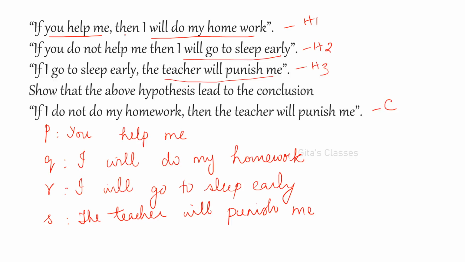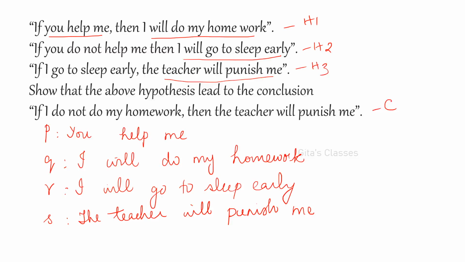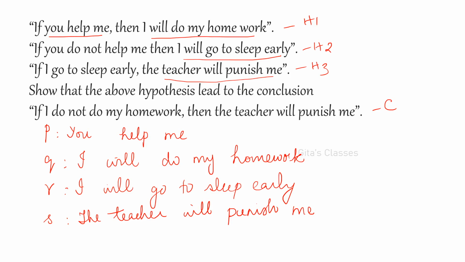Okay. And what is the second statement? If you do not help me, then I will go to sleep early. If you do not help me, that means not P, right? So not P. And I will go to sleep early is R. Okay.